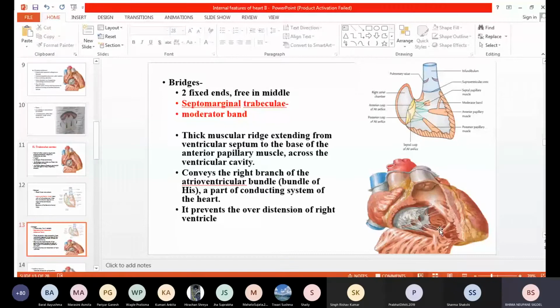That is the moderator band, nothing but the muscular ridge extending from the ventricular septum to the base of the anterior papillary muscle. We'll discuss the papillary muscle again.